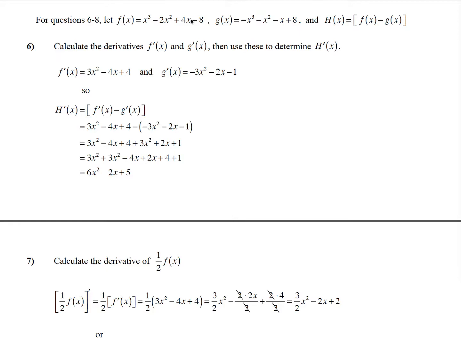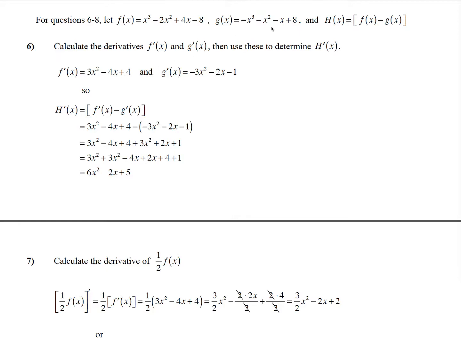For the linear term, we just carry down the coefficient, which is positive 4. And the constant term, regardless of what it is, differentiates out and becomes 0. So f prime of x is 3x squared minus 4x plus 4.